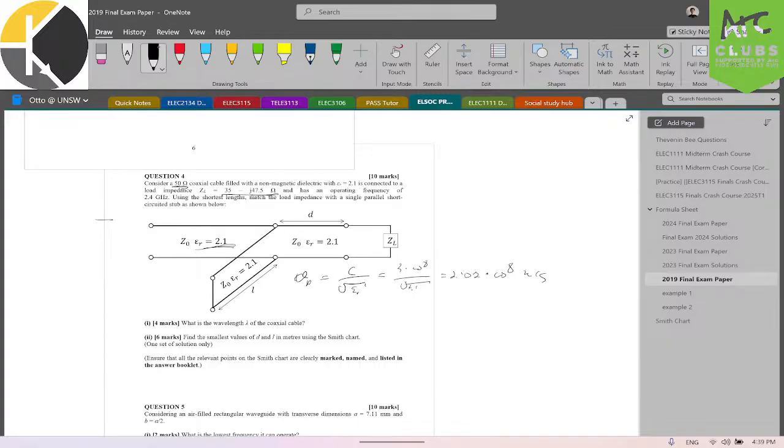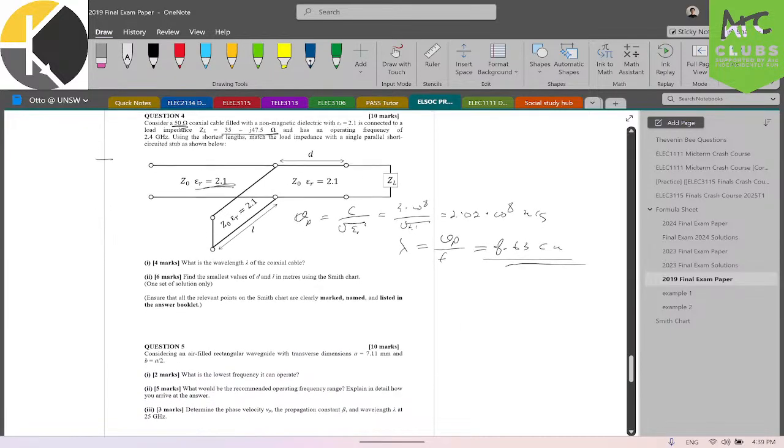And then your lambda is VP over F, and it happens to be 8.63 centimeters. I will need this later for matching on the Smith chart.